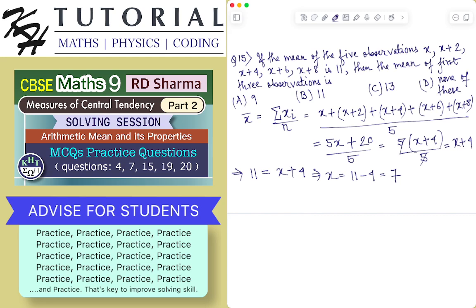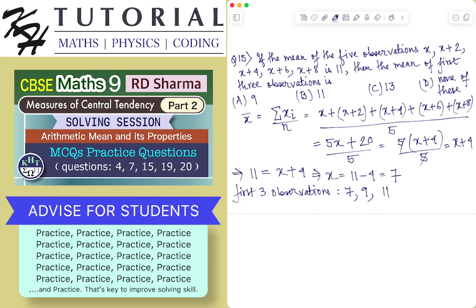So now the first 3 observations become x, that is 7, x plus 2, that is 7 plus 2 is 9, and x plus 4, that is 7 plus 4 is 11.